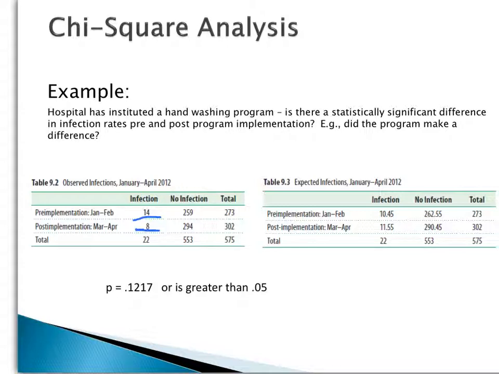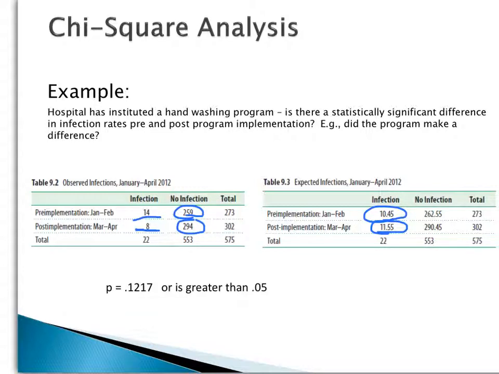We have 14 versus 8, out of 259 over here and 294. The computer then generates what the expected would be based on the proportion, and the expected is 10.45 pre-implementation, post-implementation, 11.55.